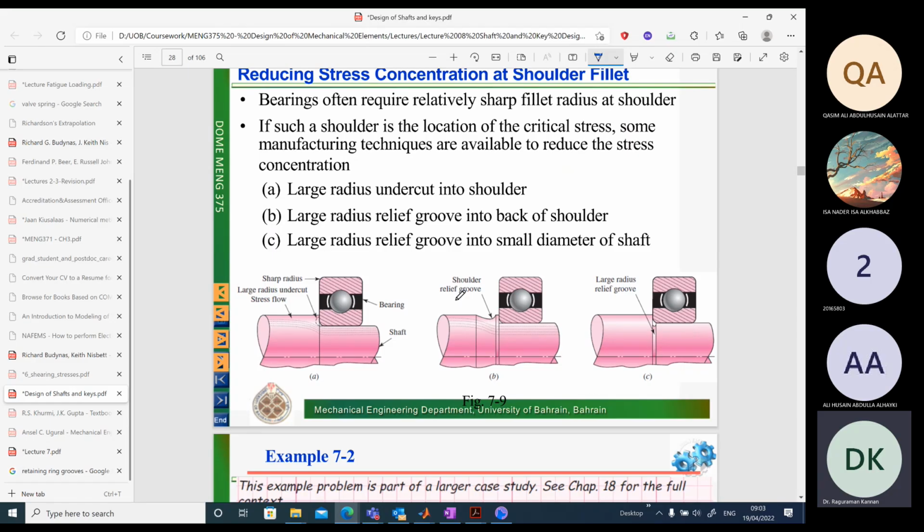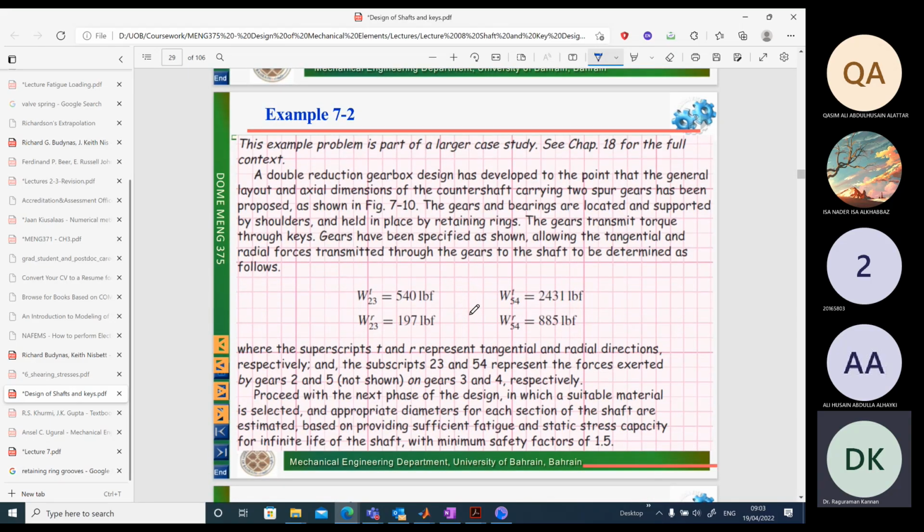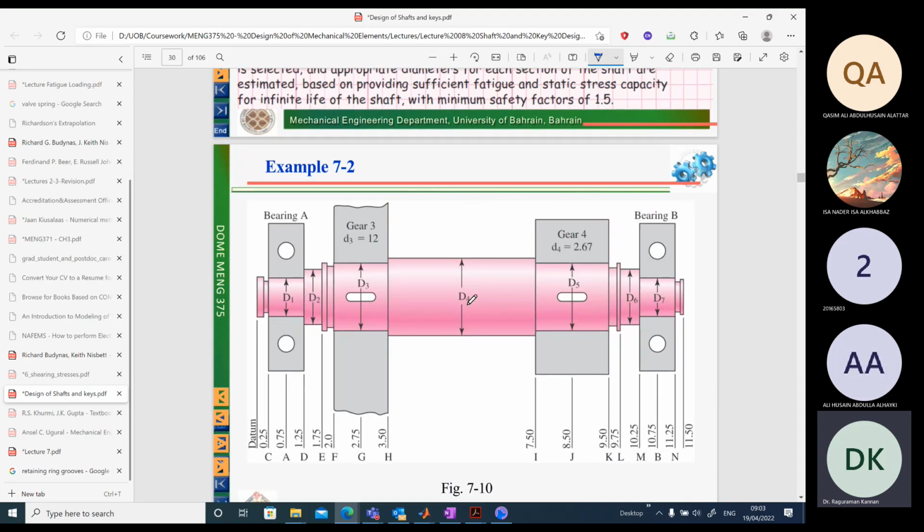So let's see a real design process. This is an example problem. You are to design the shaft which is provided here. Designing of a shaft usually involves calculation of the diameters D1, D2, D3, etc. All these diameters have to be calculated.